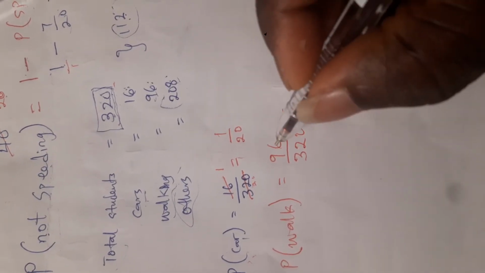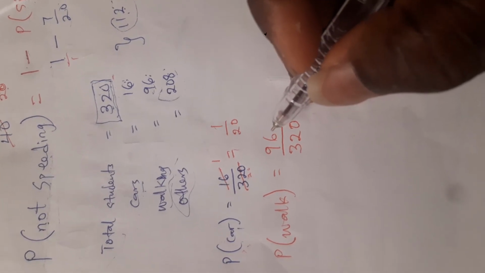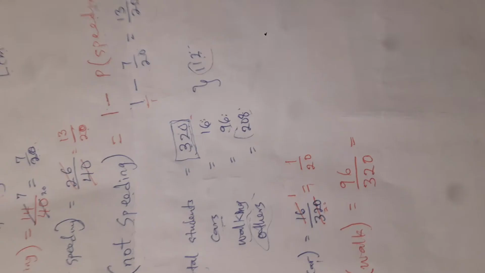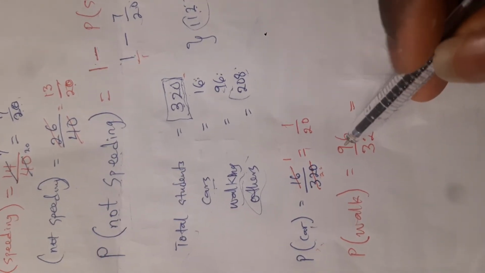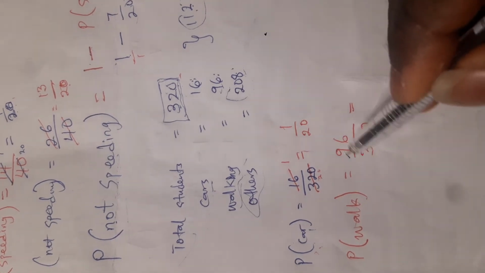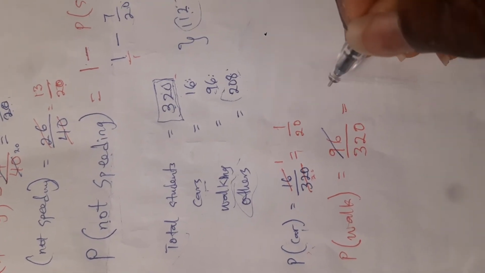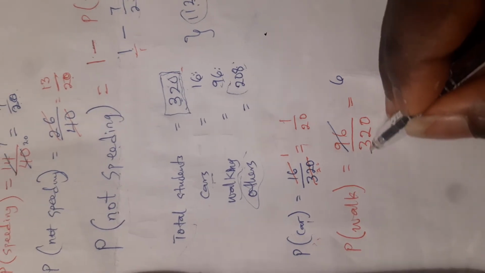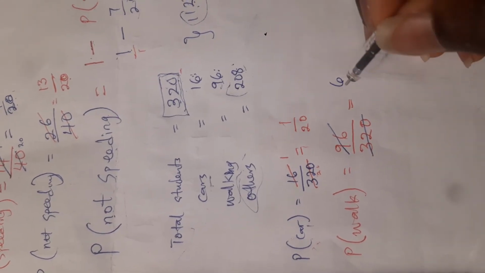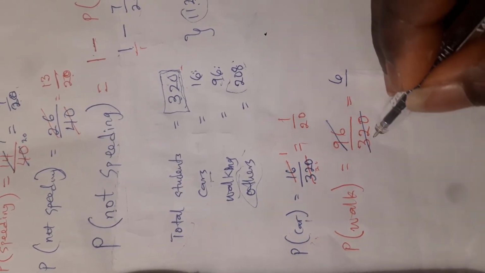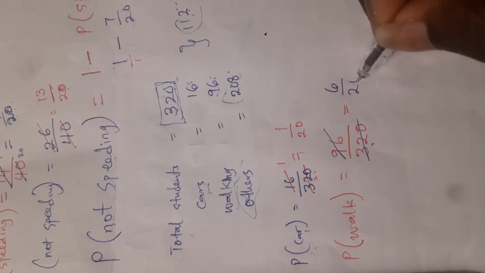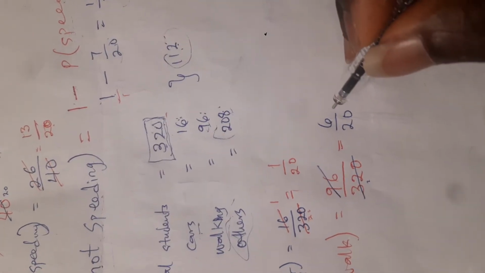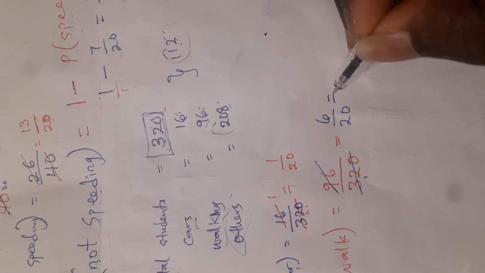Now what is the simplest form of 96 over 320? If I divide this by 16, I will have 6, and if I divide this by 16, I have 20. Okay, this is not the simplest form.